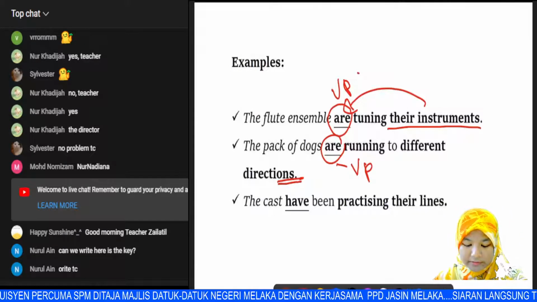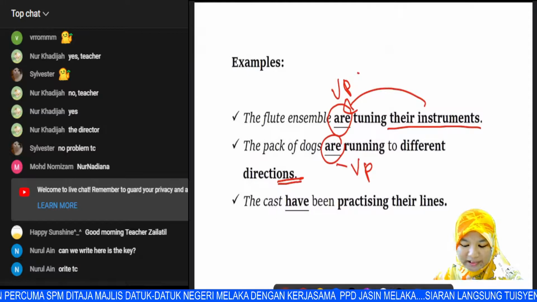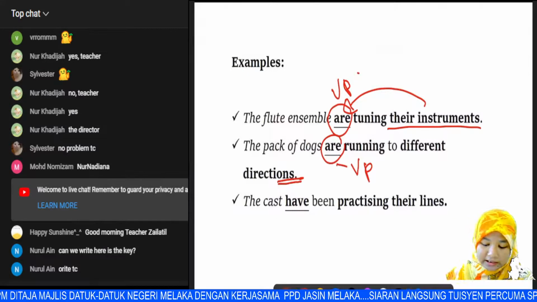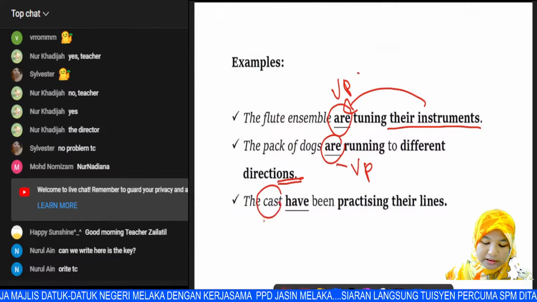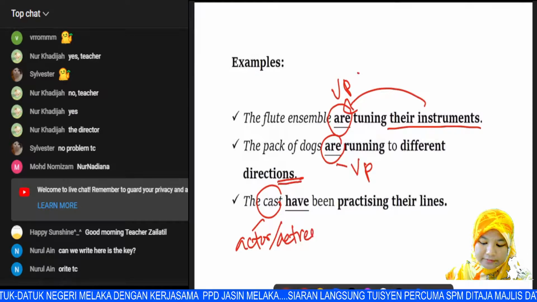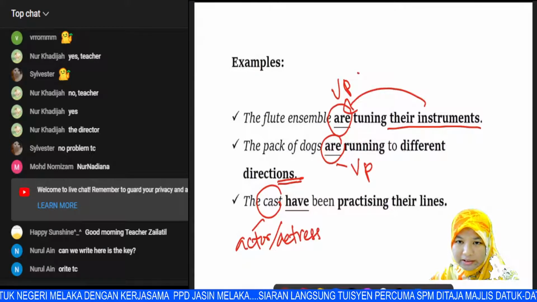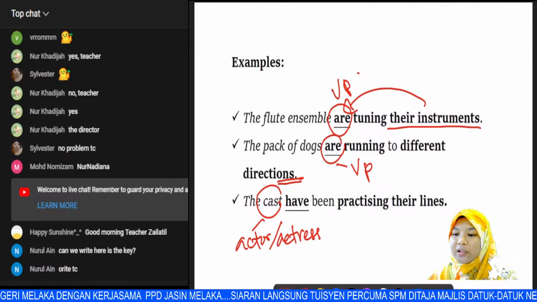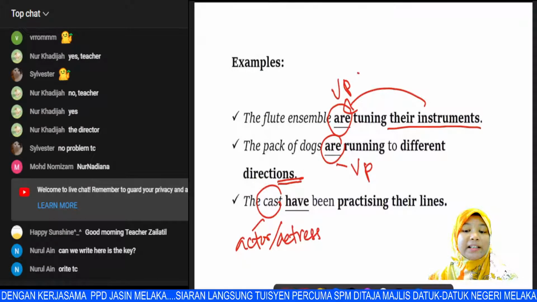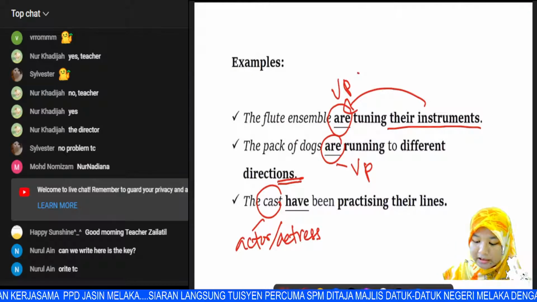Last one. The cast have been practicing their lines. The cast here may be referring to the actors or actresses. They are not actually dramatizing their acting, but practicing their own lines.